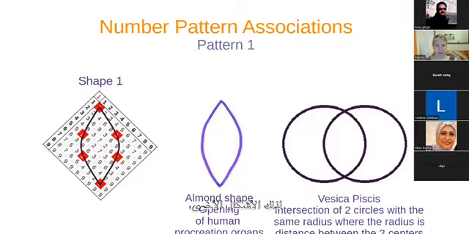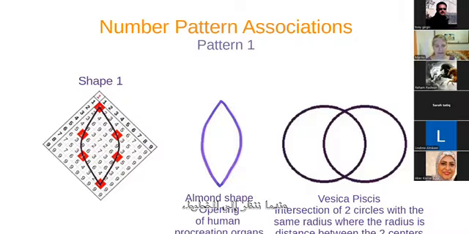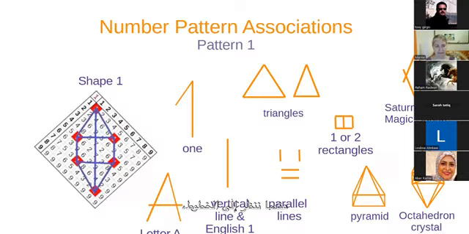So for other shapes, when we look at lines, we see the number 1 within this pattern. We see the vertical line as well as the English one, which is also ignoring the other special rule.